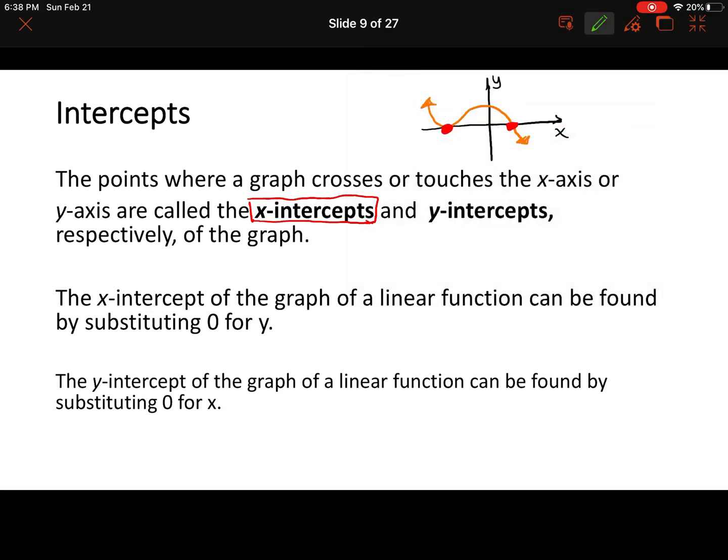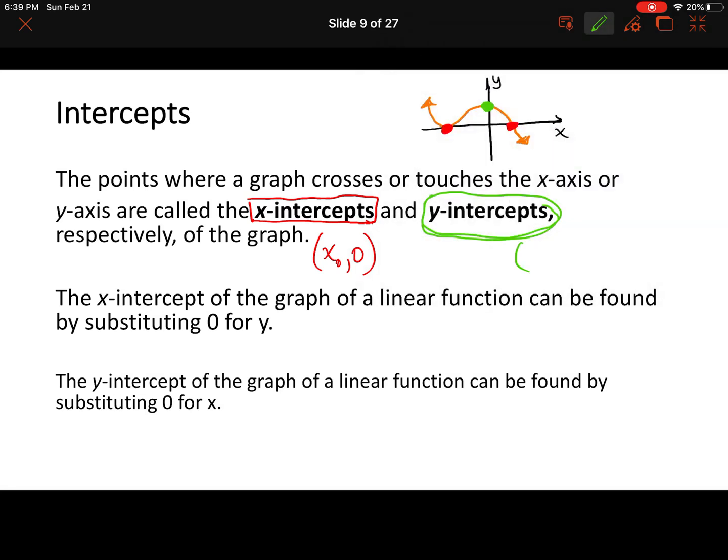And then the y-intercept, I'm gonna put that in green. It crosses the y-axis here. So we have visuals of what the intercepts look like. One thing you want to keep in mind with the x-intercept, you have some x value, the y value is always 0.